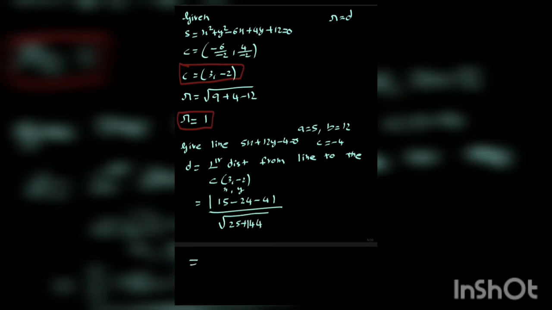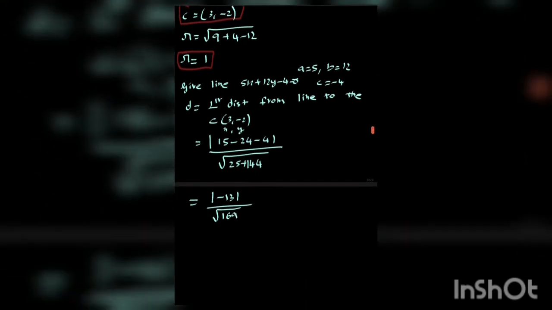It is equal to, so minus 24 minus 4 is minus 28, minus 28 plus 15, that is mod minus 13, by root of 25 plus 144, that is root 169.